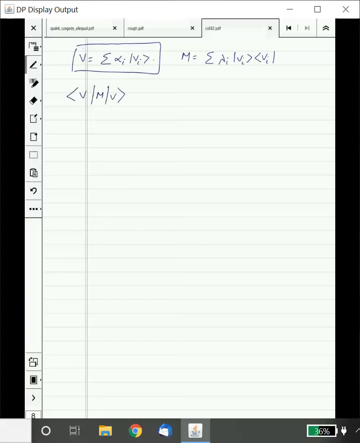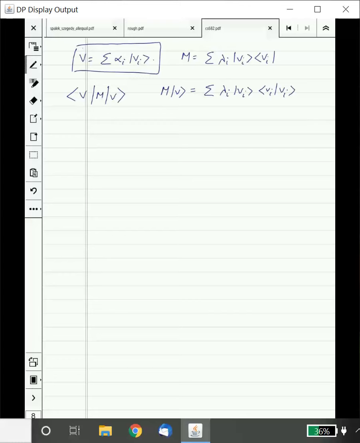If we do this, you will notice that Mv will turn out to be the summation of lambda_i alpha_i v_i. This just follows from the fact that v_i and v_j have inner product 0, as the v_i's form an orthonormal basis.